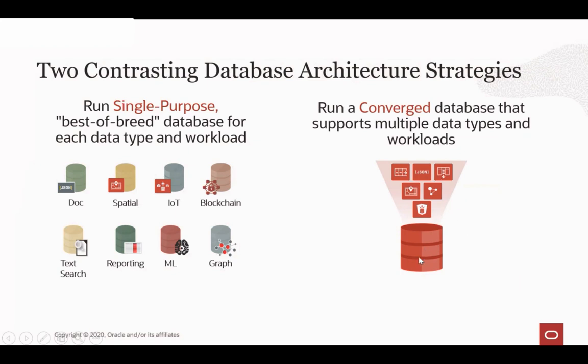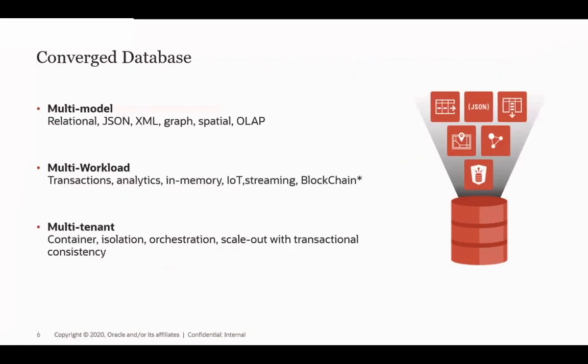Let's try to define what a converged database is. It is multi-model, multi-workload, and multi-tenant. Multi-model natively supports various models in one database, which includes JSON, graph, spatial, relational, etc. All of these multi-models have access methods, including SQL and REST APIs, and the graph could use the PGQL method to consume and analyze.